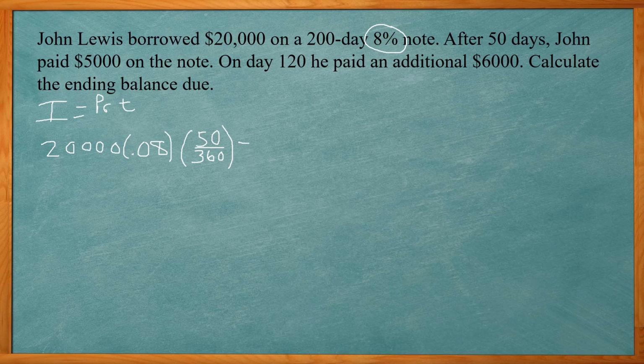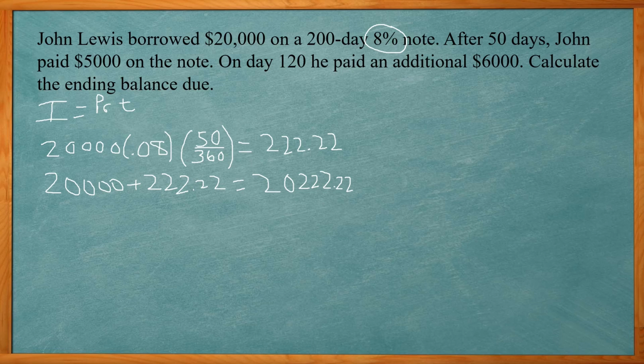All right, so we multiply those all together. We get 222 and 22 cents. That's how much interest occurred during those 50 days. Now our current balance is the 20,000 plus this interest. So we have a total of 20,222 and 22 cents.